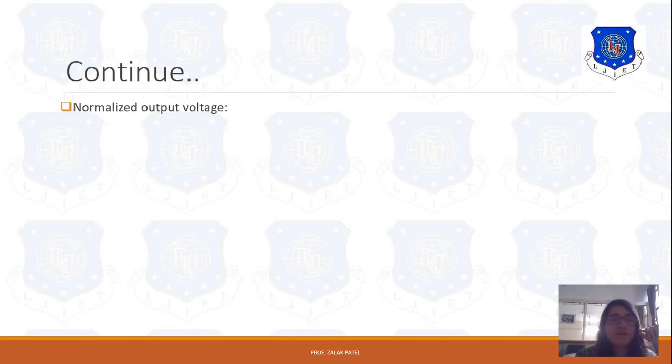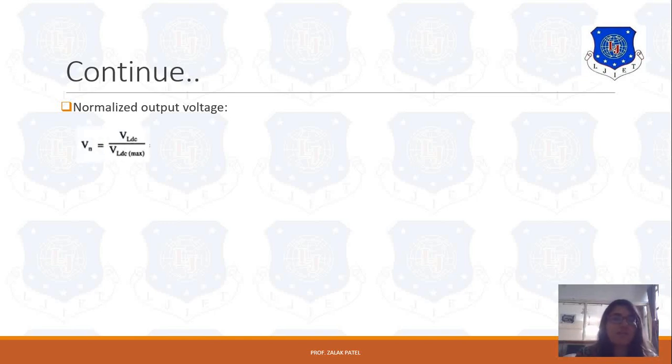Next is the normalized output voltage. We already discussed the normalized value. The normalized value of any quantity is mainly the original value divided by the maximum value, meaning how much is possible with the maximum value. It is called a normalized value. Now here we want to calculate the normalized output voltage.